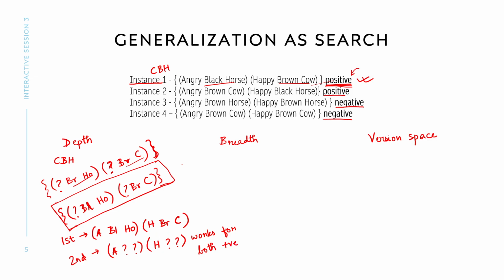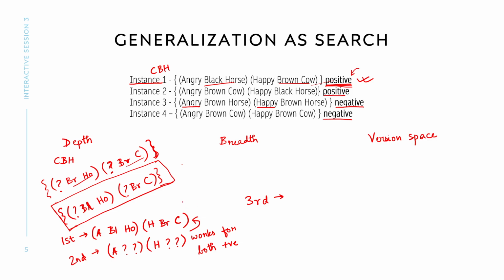But now in my third case, I encounter a negative example. In the negative example also there is angry and any two wildcards, happy and any two wildcards, so this generalization will also classify this third example as positive, which is incorrect. So I need to go back and find out if there is any other generalization which is possible.